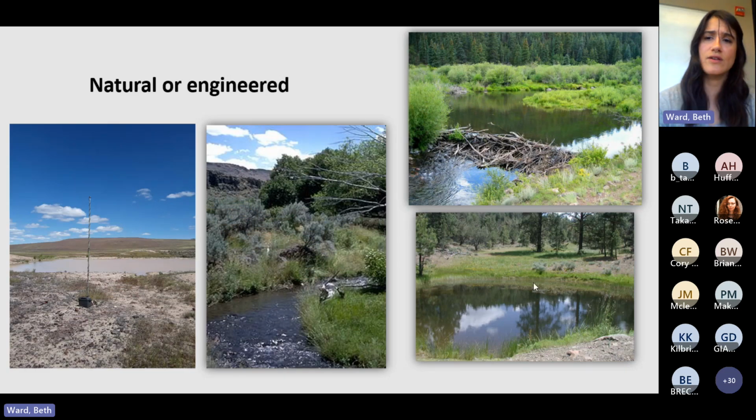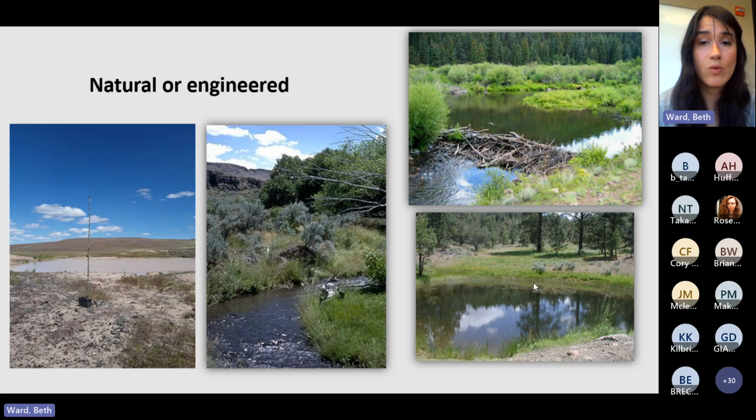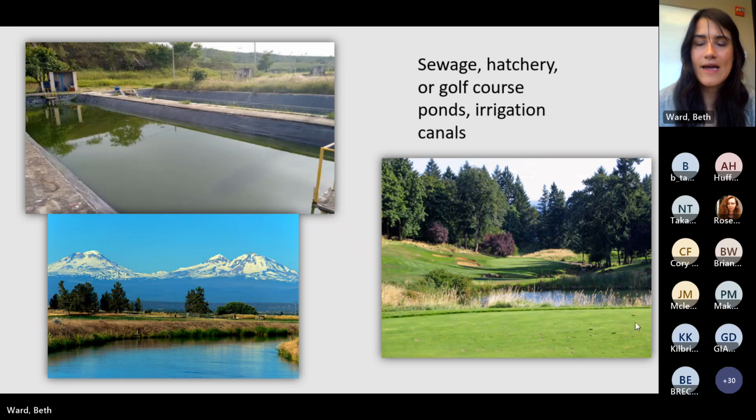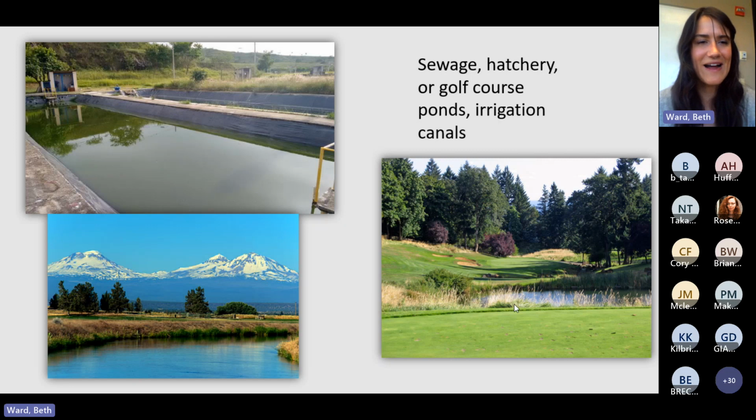And so bats will use natural and engineered water sources. These can make good sites and typically have still open water. And then also man-made environments like sewage ponds, hatcheries, and golf course ponds. These are also good sources of water for bats and where you'll find bats localizing.